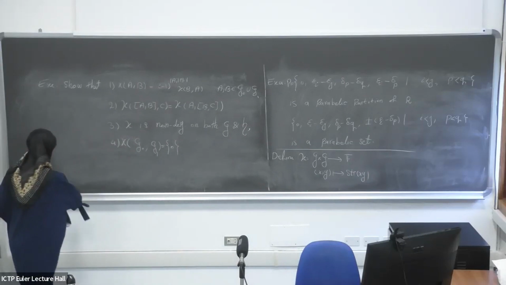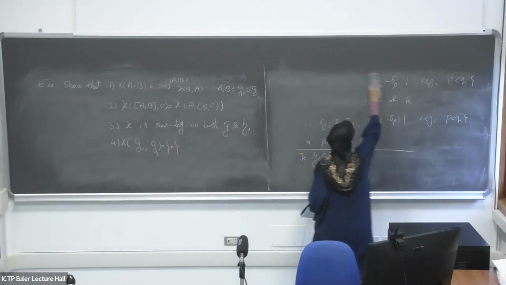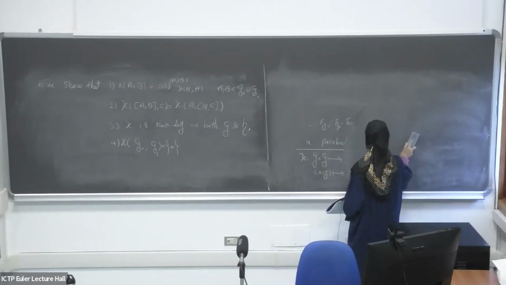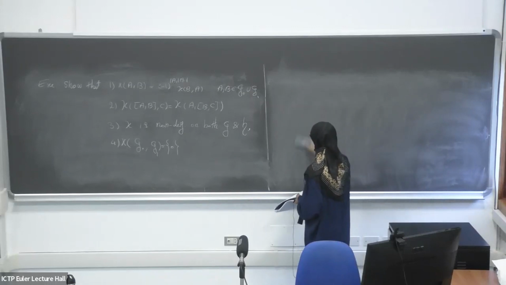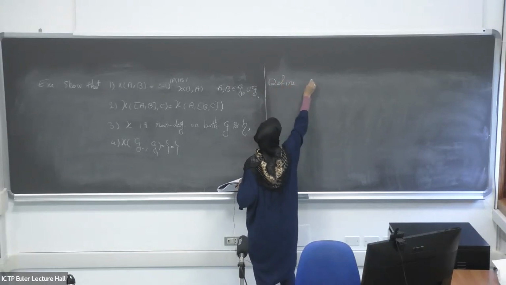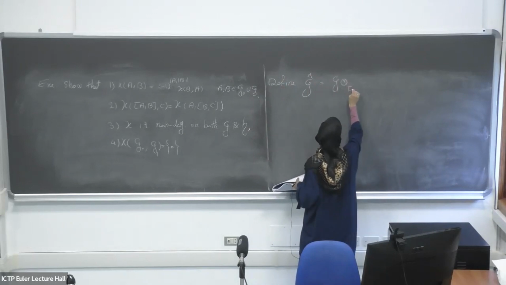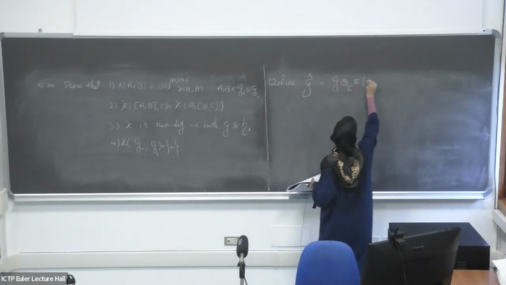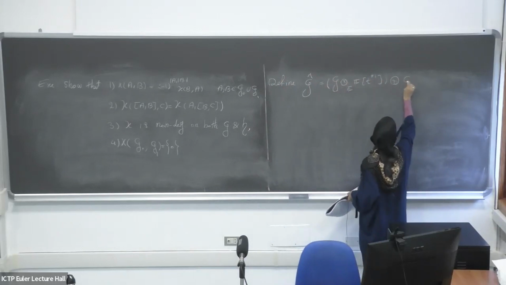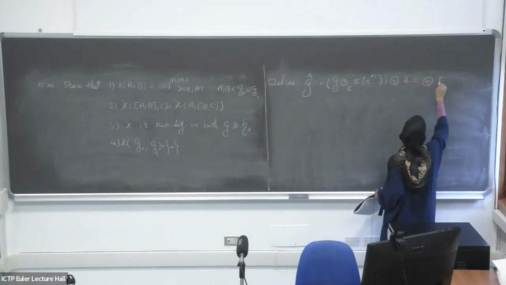Okay. So we start with a G, and now we can form another superalgebra. Define G hat to be G tensor F[t, t^-1], direct sum F c, direct sum F d.